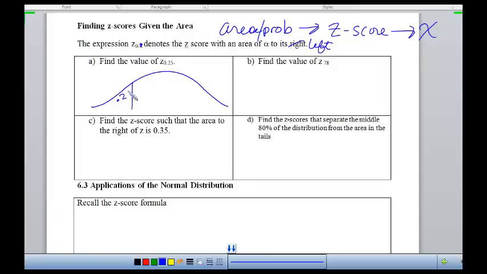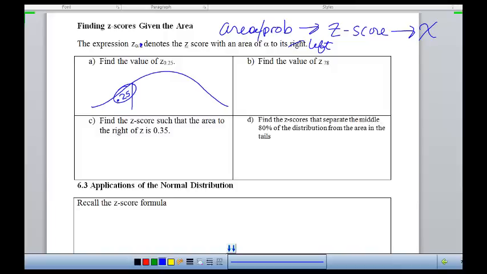But I've got an area of 0.25. Not a z-value, an area. And I like to circle it to remind me that it's an area, not a z-value. Does that make sense? If it was a z-value, we would have put it on the right, but it's not, it's an area.